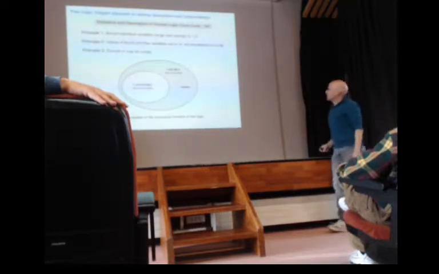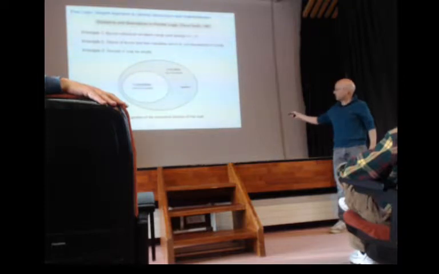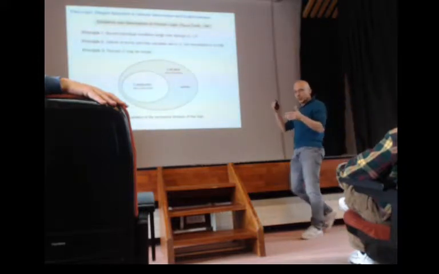Free logic says we now distinguish between a raw domain D, that's, let's say, the typical first-order domain you consider, and a subdomain E of the existing. We talk now explicitly about the non-existing.